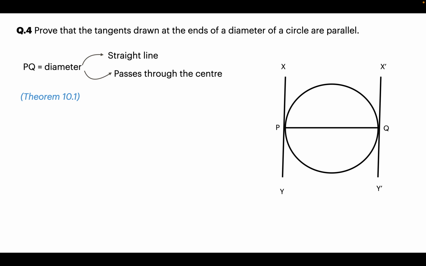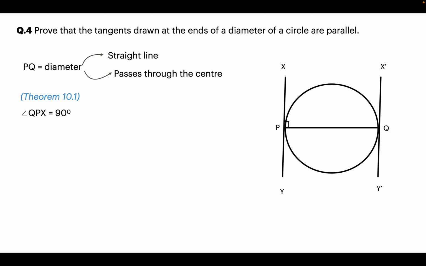Now I can apply theorem 10.1 here to say that angle QPX, this angle here, is 90 degrees. Why? Because this is a diameter, QP, and theorem 10.1 says that a radius to the point of contact is perpendicular to the tangent.